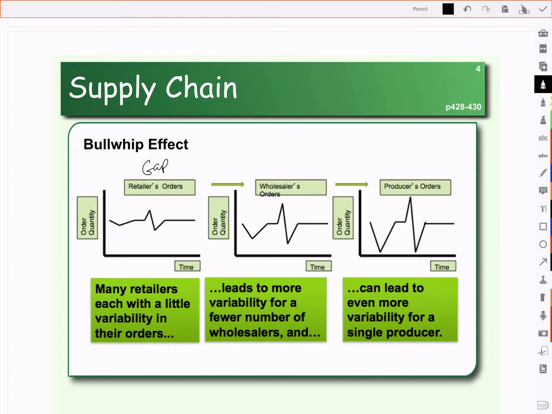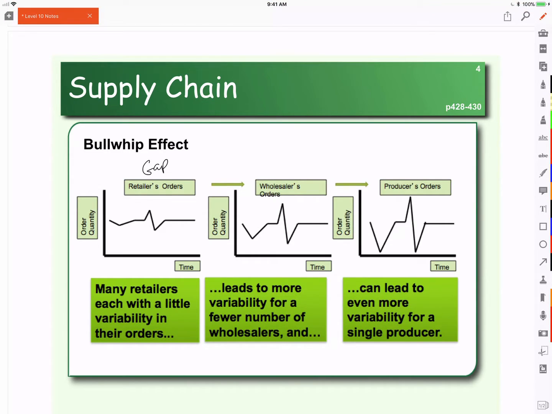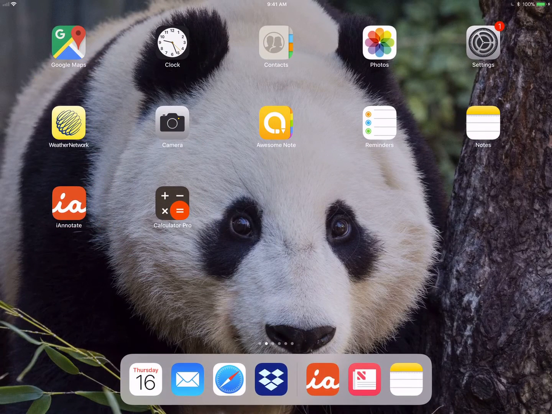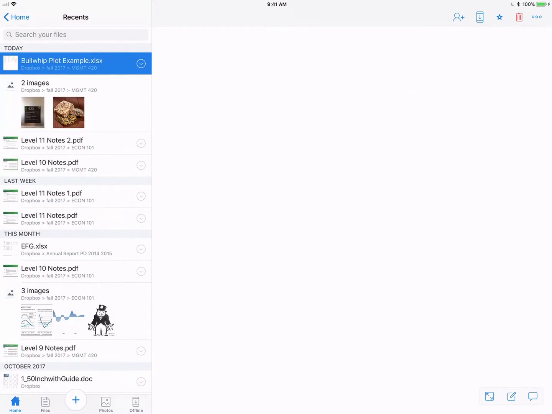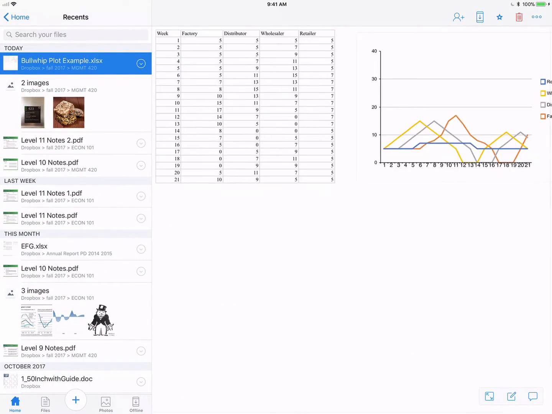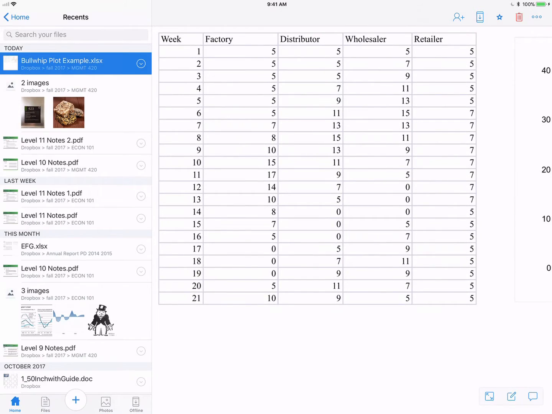So the bullwhip effect, we can see if we overlay the retailer orders, the wholesaler orders, and the producer orders. So let me just pull up Excel here. So let's suppose that here we have time, so weeks 1 through 21, and then we have our factory, our distributor, our wholesaler, and our retailer.